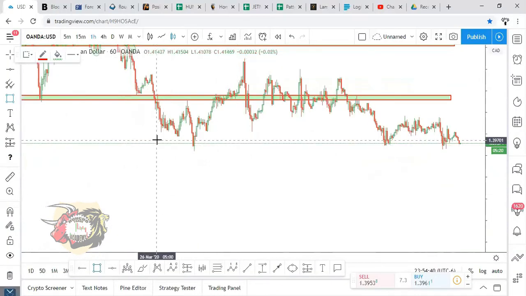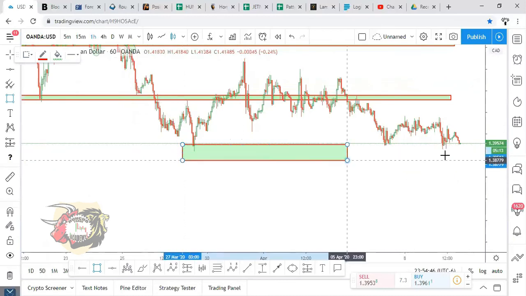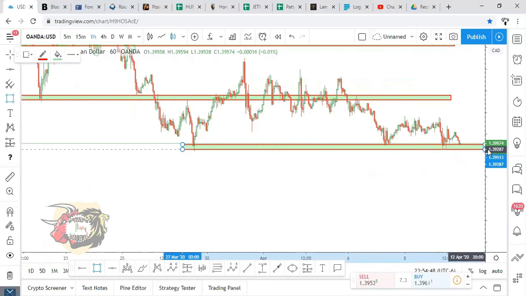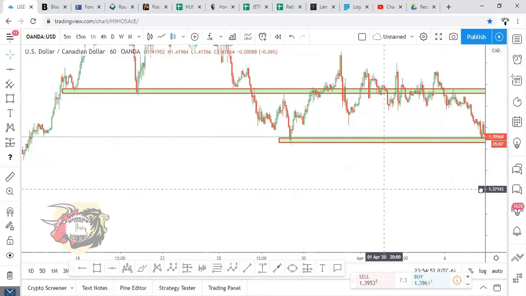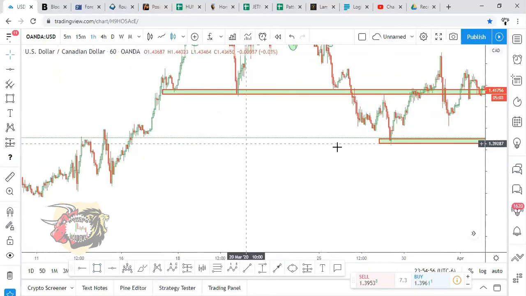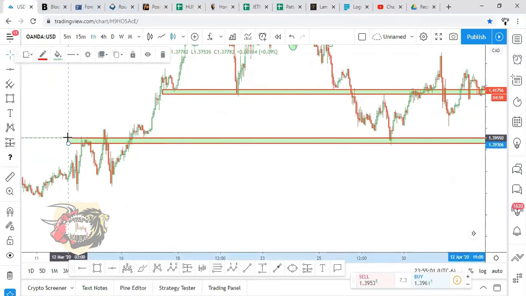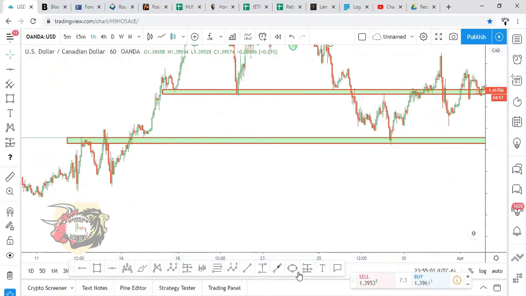So this is another. If I swipe this to the left also, it will create another level of support and resistance for me. It has already happened in the past. It will keep repeating itself in the future.